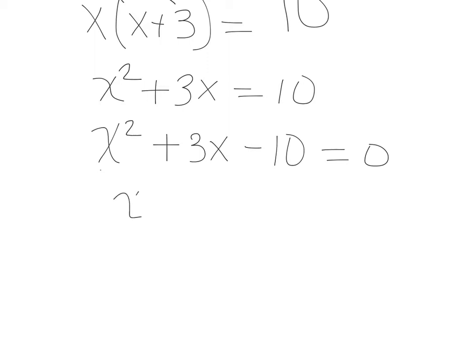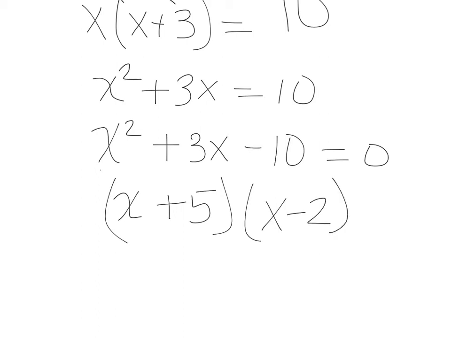That would be 5 and 2. So I'd say it's probably going to be x plus 5 and x minus 2, because 5 minus 2 is 3, and 5 times negative 2 is negative 10. So this gives me x equals negative 5 and x equals 2.